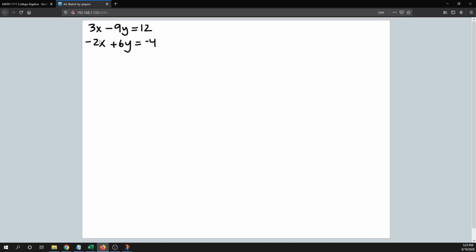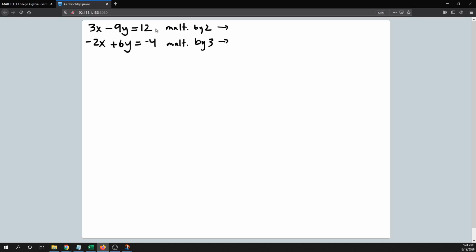On the top one, I am going to multiply it by 2. And on the bottom one, I am going to multiply the bottom one by 3. And the reason for that is that it will make the coefficients of the x's opposite in the two different equations.